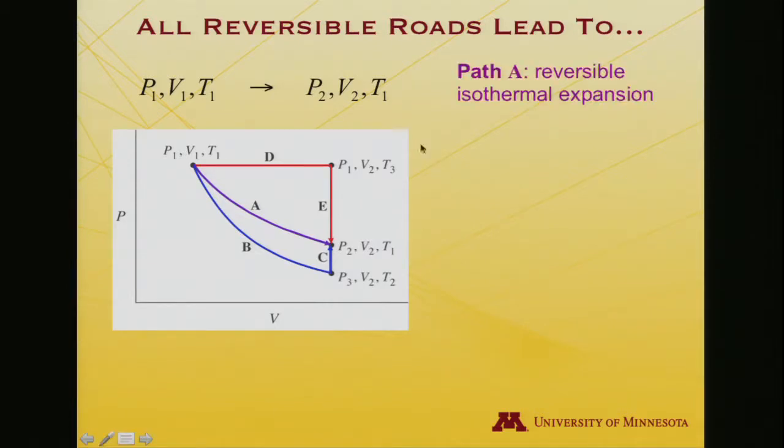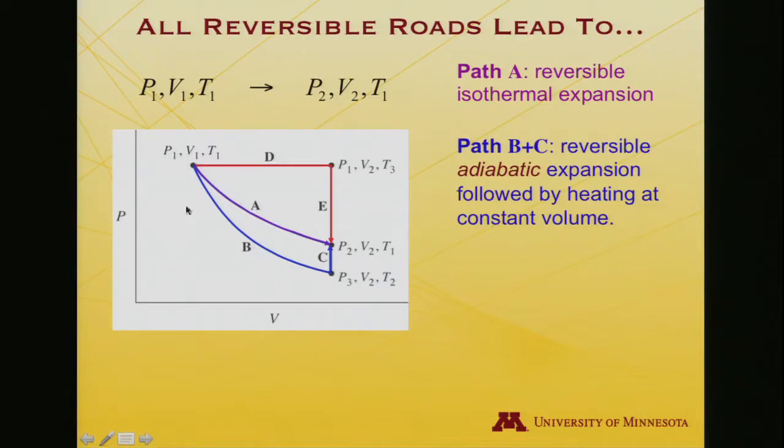And so path A, which is shown here in violet, is going to be a reversible isothermal expansion. That is, the temperature is staying the same at every point along this curve. This is the ideal gas PV curve for a constant temperature. I'll also consider a different path shown here in blue.